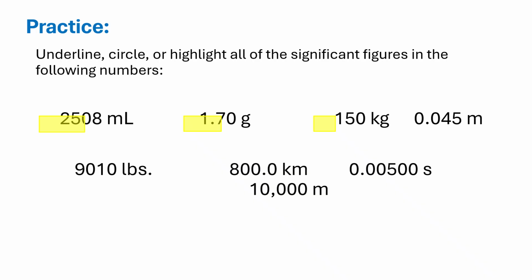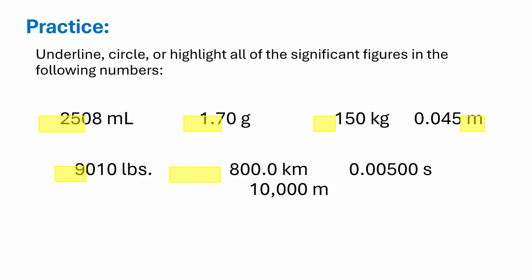0.045 meters, kind of similar, just has 2 sig figs because those zeros out in front are just placeholders. They're not trailing zeros, so it doesn't matter that the number has a decimal. They're not significant. All right, 9,010 pounds. We have a captive 0 between the 9 and the 1, but that trailing 0, since there's no decimal, is not a sig fig.